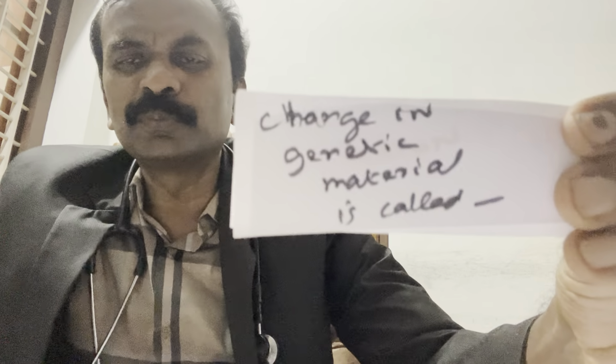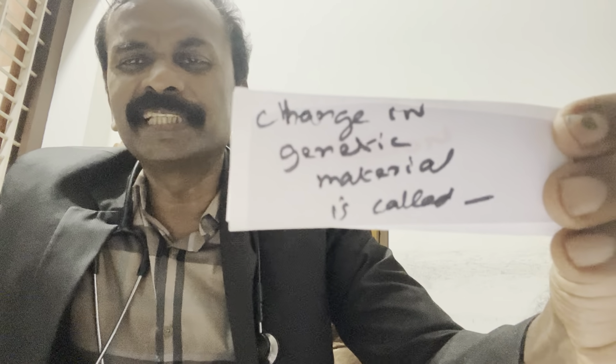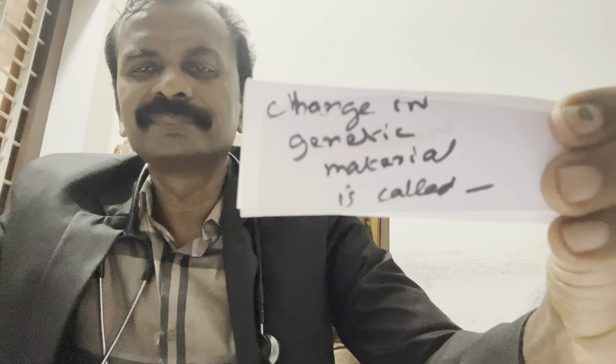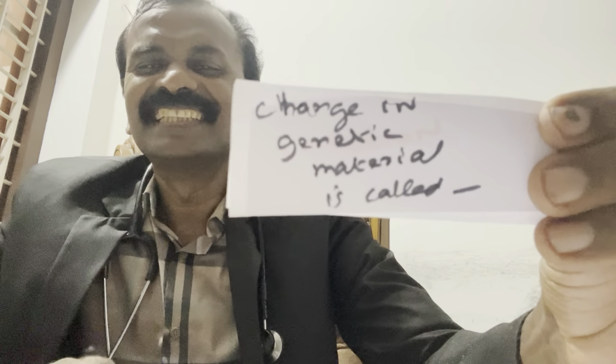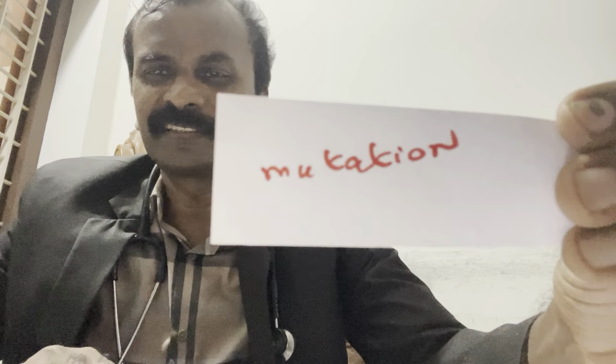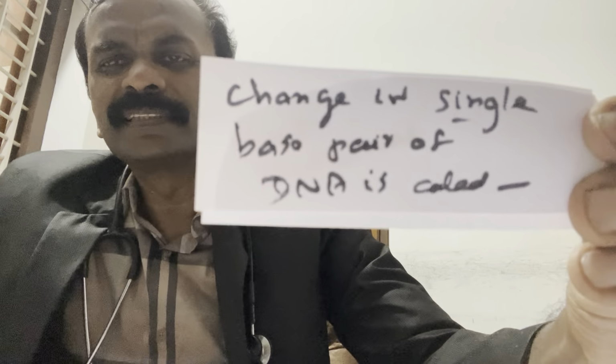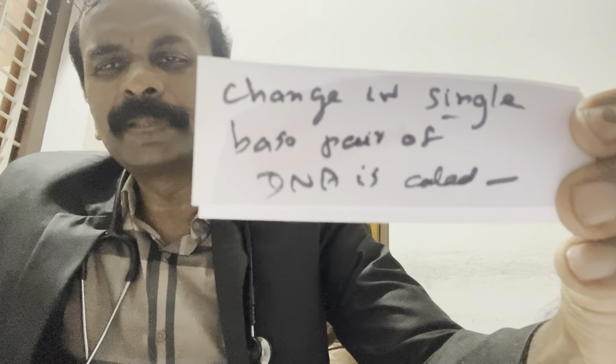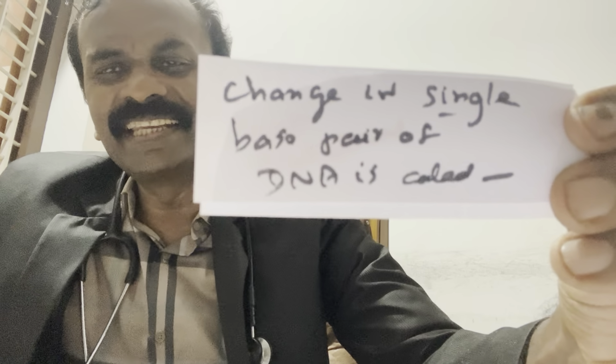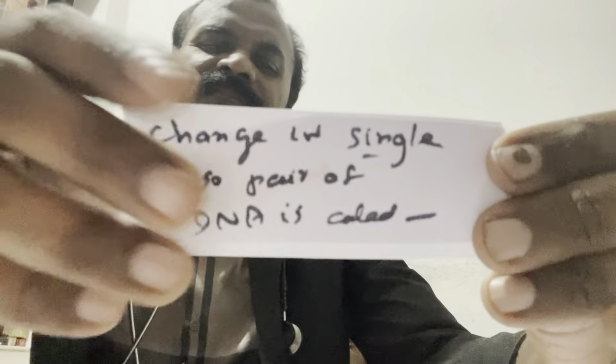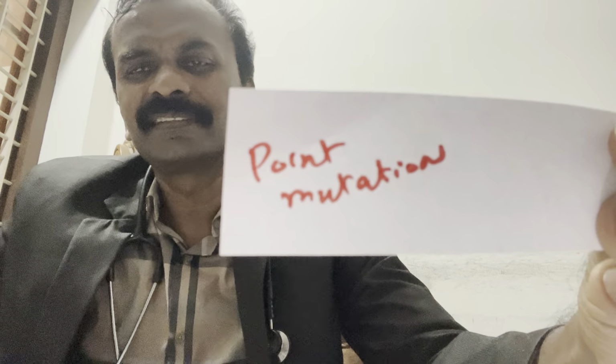This is a repeat MCQ. Change in the genetic material is called, I made it very thorough for you, mutation. Correct? Very good. Change in a single base pair of DNA is called point mutation.